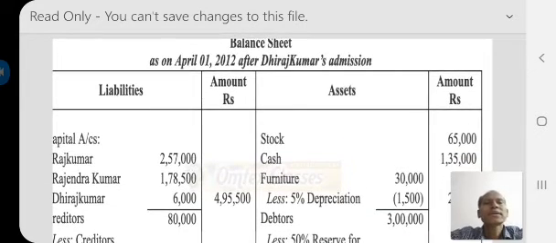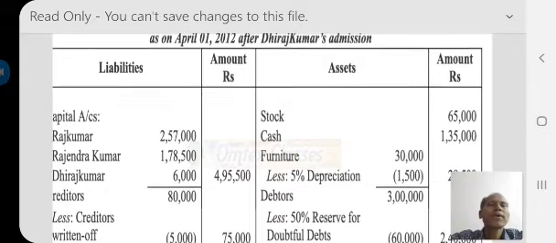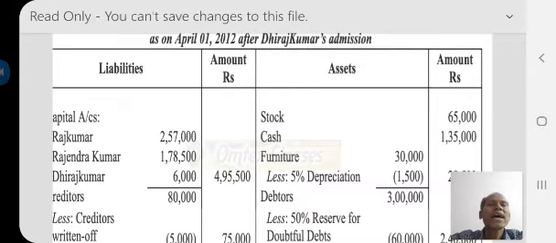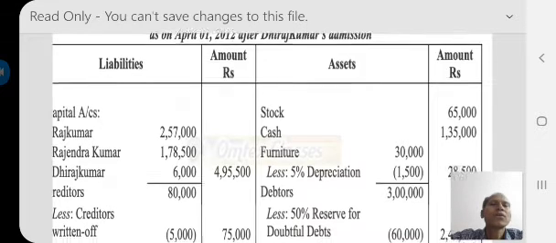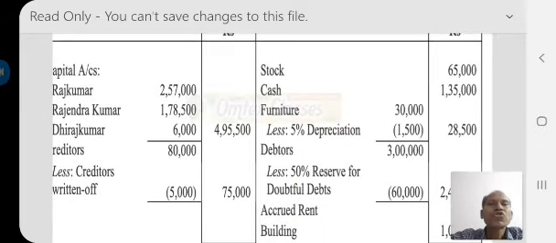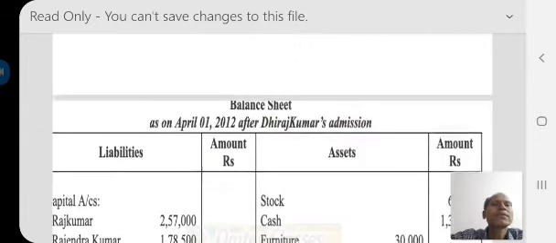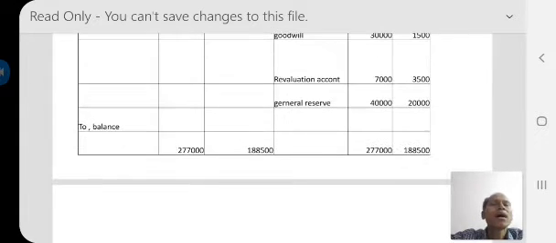See liabilities, capital accounts: 2,57,000 Rajkumar, Rajendra Kumar 1,78,500. These two figures are arrived in the working notes.